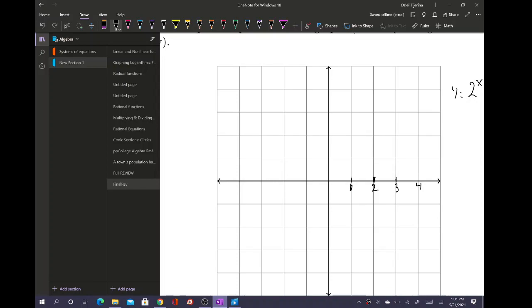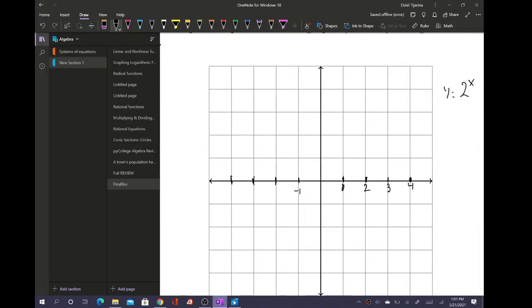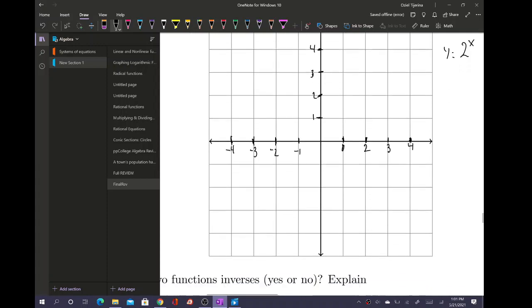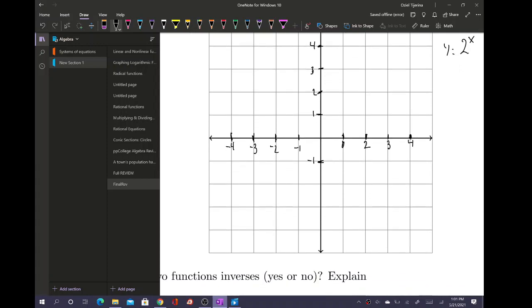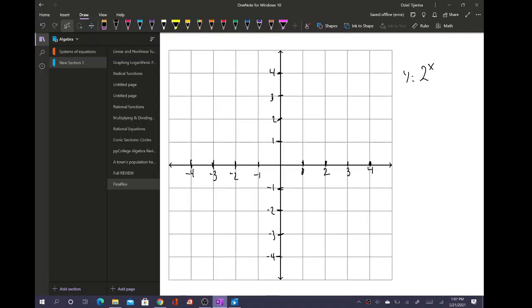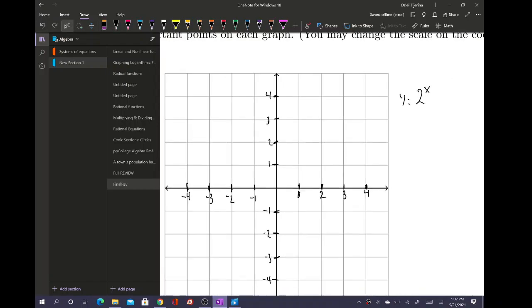You can do log base 2 of x, but basically graph the exponential first and then just use the rules of inverse functions to switch x and y. In all reality, log functions are a little difficult to graph, at least for me, so it takes a little longer than exponential.